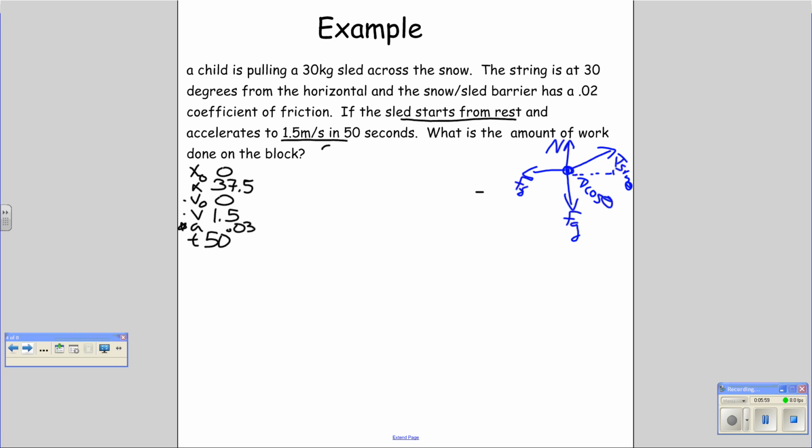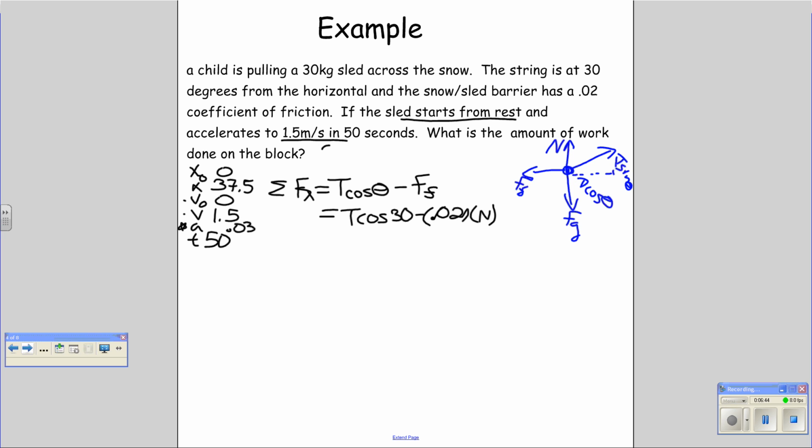Now we're dealing with forces, right? So we have to find the sum of our forces. Sum of our forces in the x equals, on the positive, T cosine theta minus the force of friction, which, if you break it down a little bit more, is T cosine of 30 minus 0.02, which is mu, times normal.